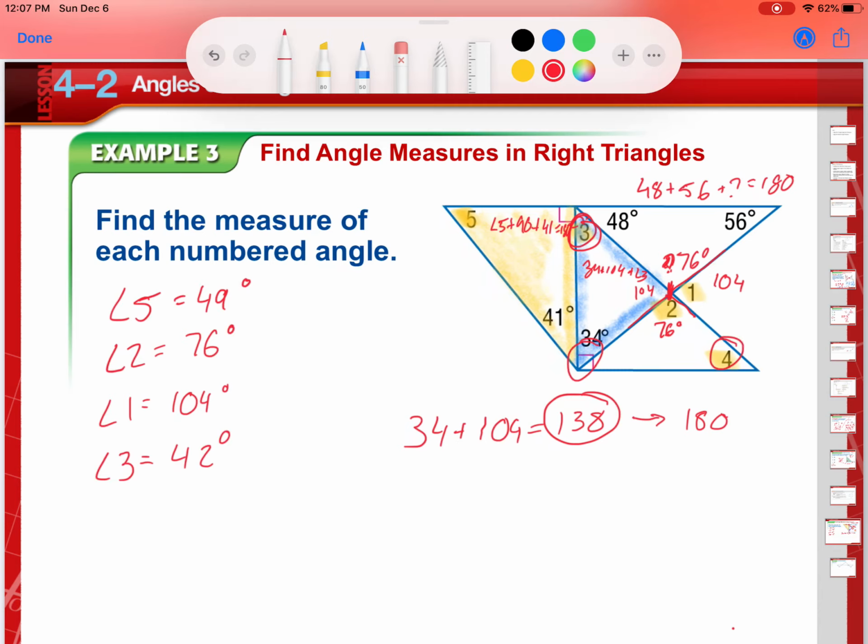So angle 3 is 42. Now we can figure out angle 4. So angle 3 plus 90 degrees plus angle 4 is going to equal 180. So we have 42 for angle 3 plus 90 plus angle 4 is going to equal 180.